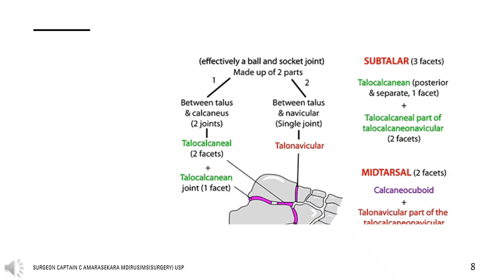Now we will see the subtalar and tarsal joints, two critical articulations that govern foot mobility, stability, and load distribution. Their complex structure is essential for interpreting imaging and guiding therapeutic decisions. So understanding of this structure is very important.